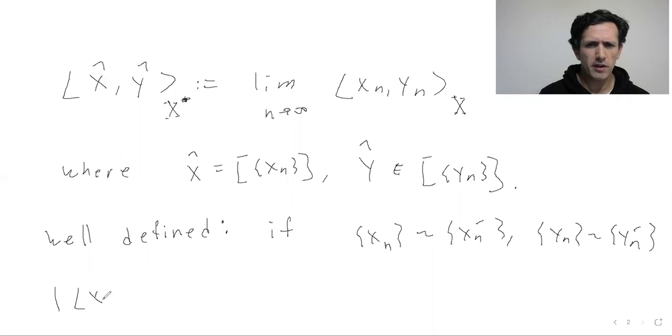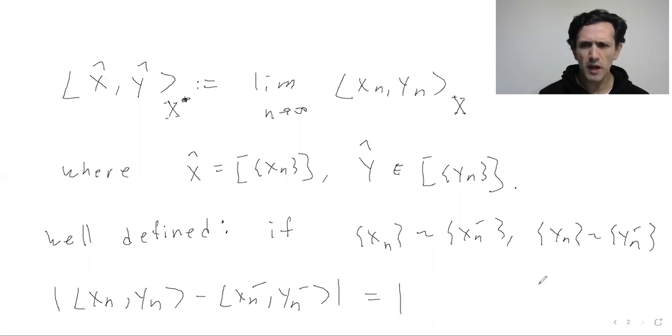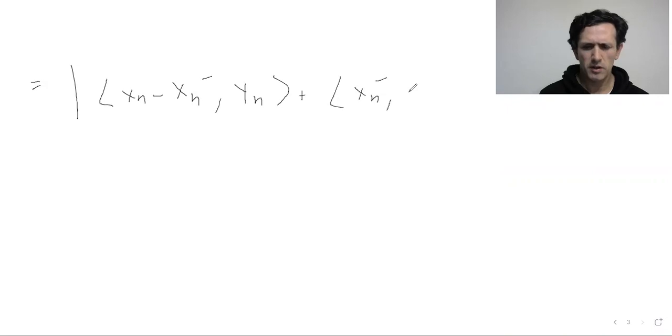Then we have the inner product of xn and yn minus the inner product of xn prime and yn prime, which is equal to, just adding and subtracting the inner product of xn prime and yn, we get the inner product of xn minus xn prime with yn, plus the inner product of xn prime with yn minus yn prime.